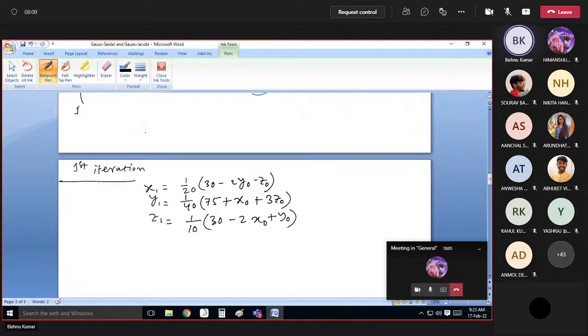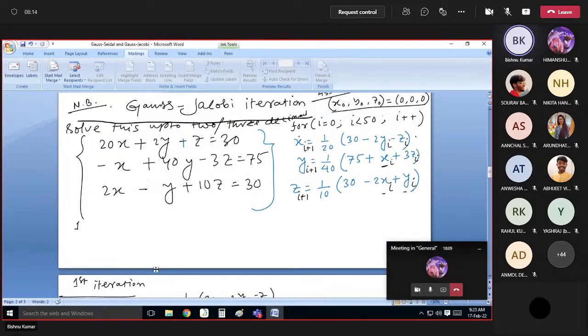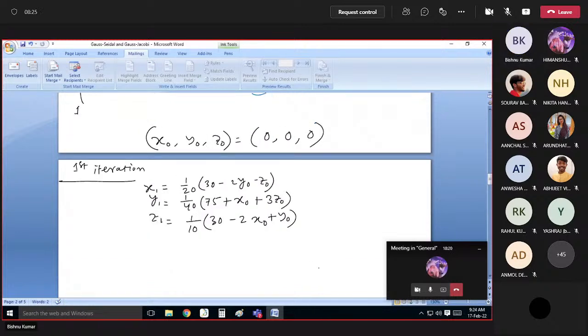And if x0, y0, z0 are not given to you in the question, then by default we consider the initial values of x0, y0, z0 to be 0. So what will be this value? Numerical: x0 = 0, y0 = 0, z0 = 0.